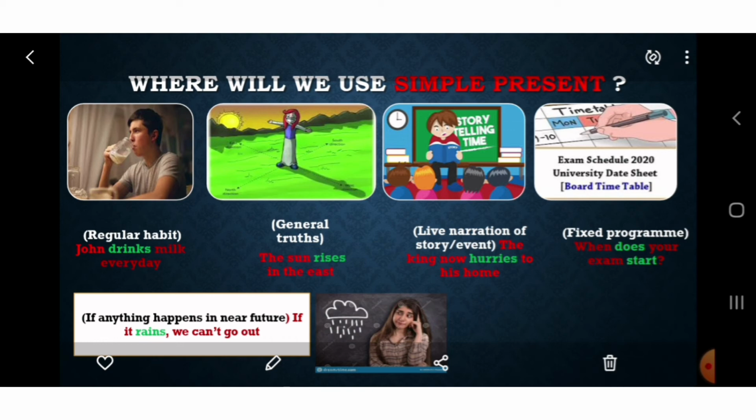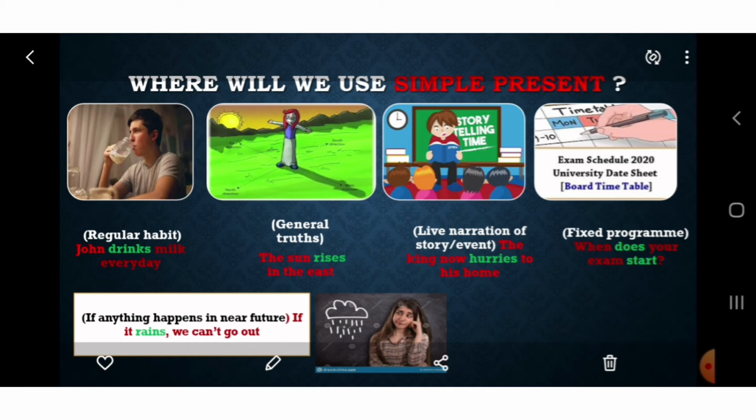Like, when does your exam start? Here we are not using will start, we are using only start. Now in case of a question, we all know that does or do appear in a question sentence. So in this case, does is coming in front after the wh word, and then we are getting start at the end of the sentence.